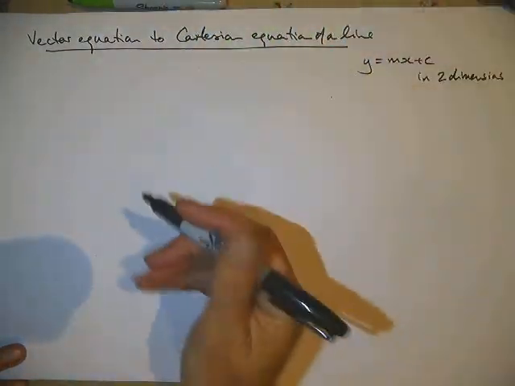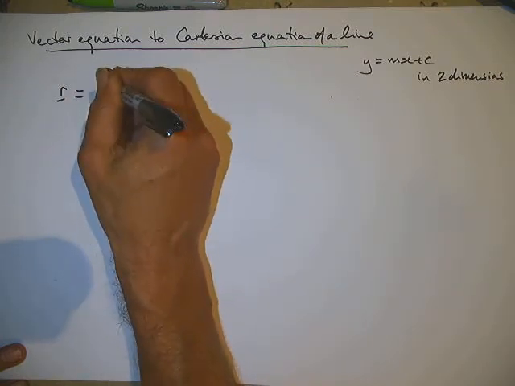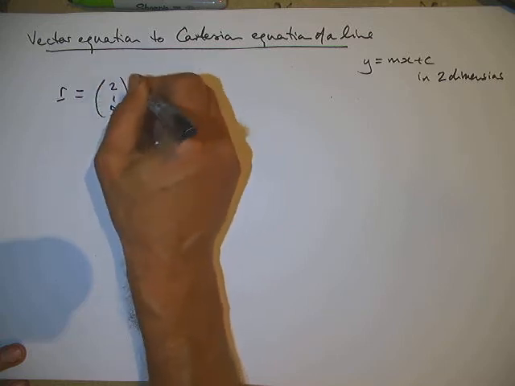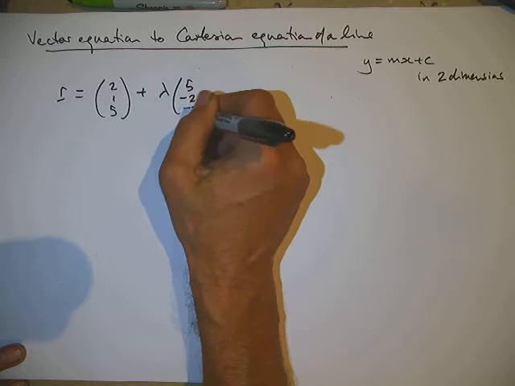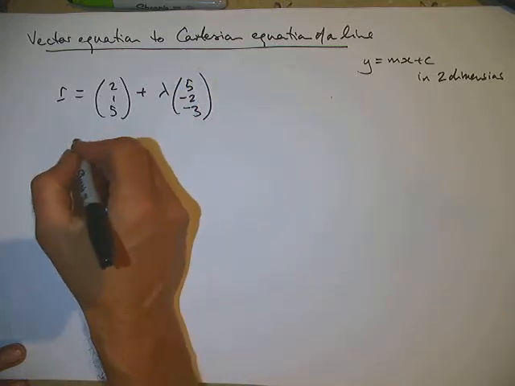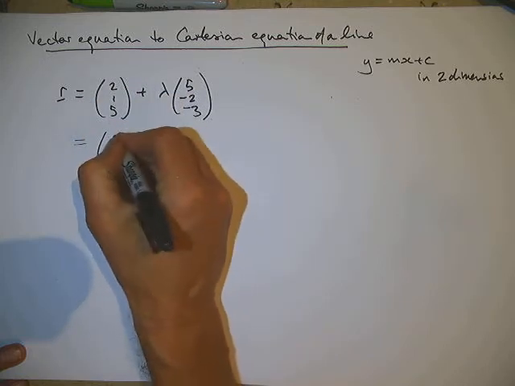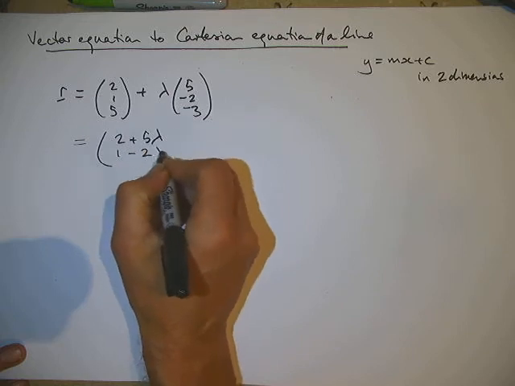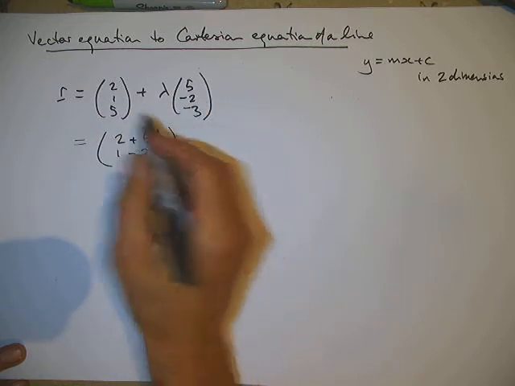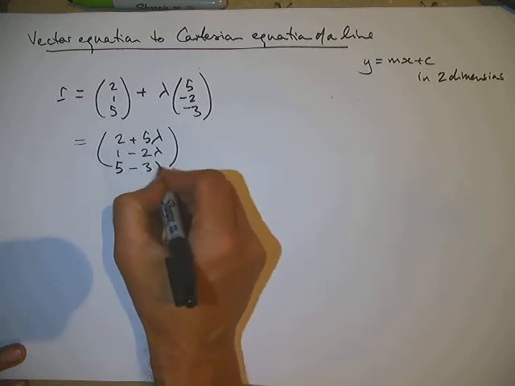Let's pick the one I've just done. Let's say we've got this vector equation, 2, 1, 5 plus lambda 5, -2, -3. I could combine the i components together, 2 plus 5 lambda; combining the j's, 1 take 2 lambda; combine the k's, we get 5 take 3 lambda.